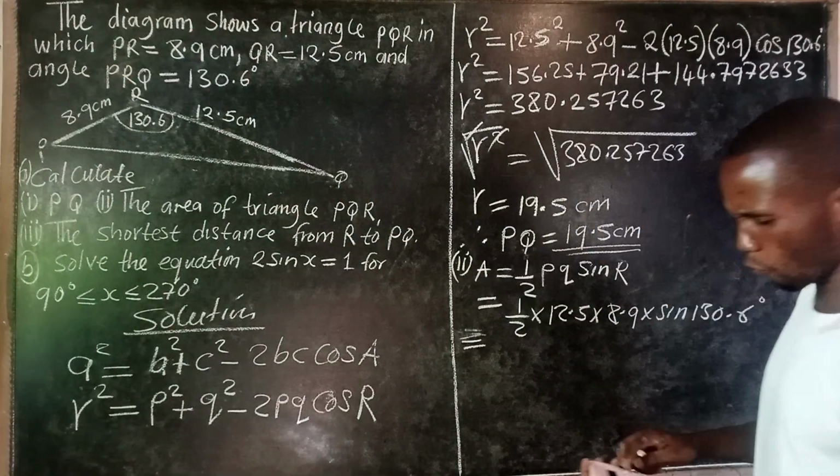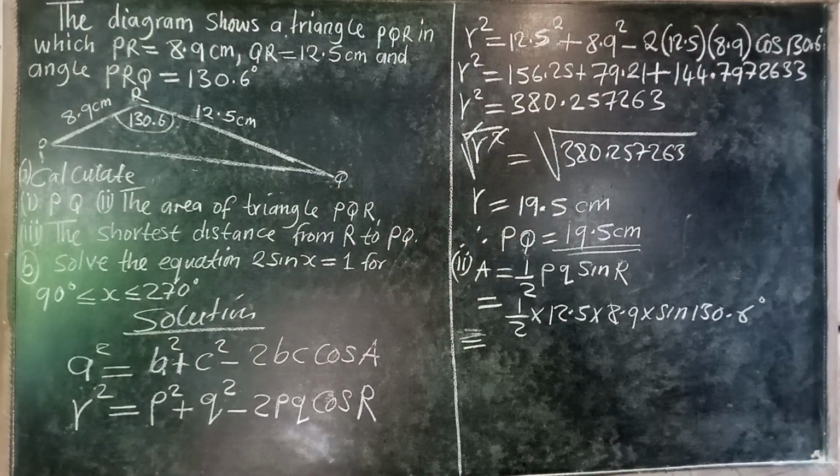So we can multiply it at once because we are using a calculator. So 0.5 times 12.5 times 8.9, then times sin 130.6.